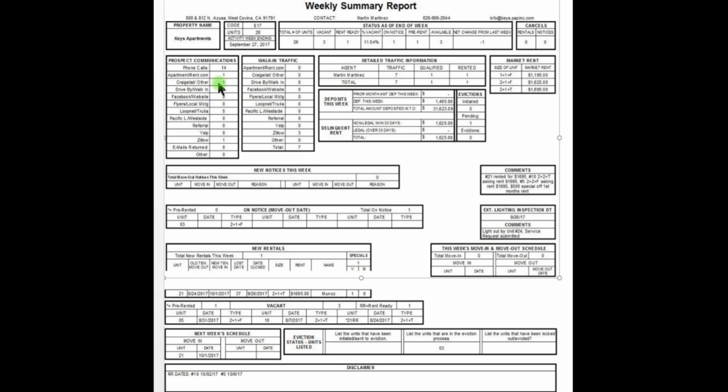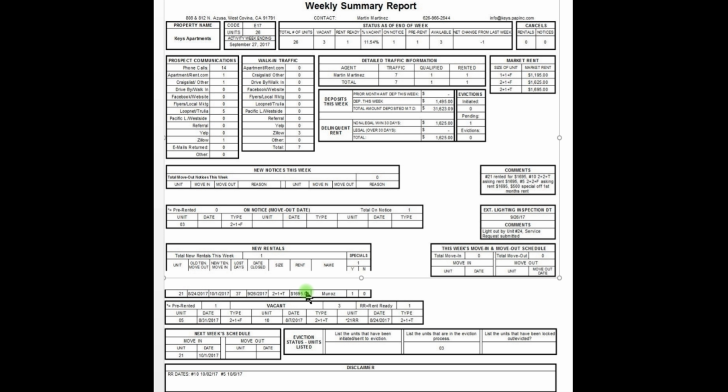You'll see your prospect communications, detailed traffic information, your net change from last week, units that are on notice to vacate, and the details for all rentals that close during the reporting week.